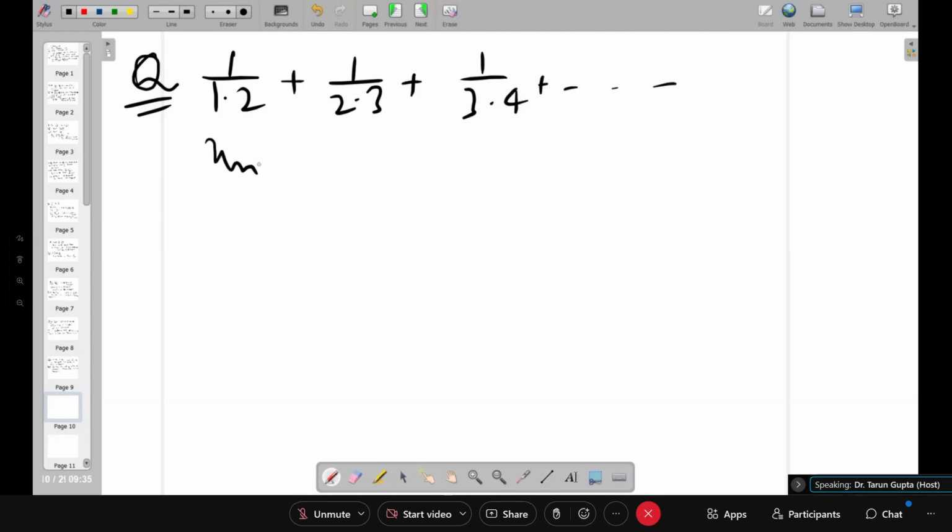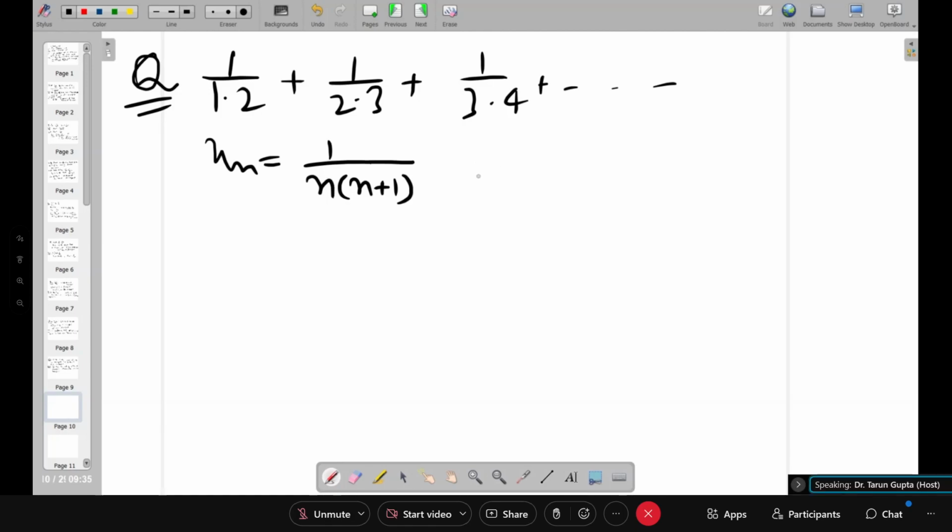What is the nth term of this series? 1 upon n into n plus 1. Earlier we solved this by limit comparison.